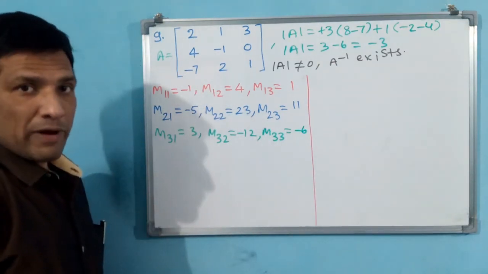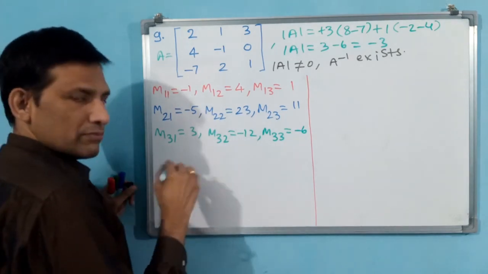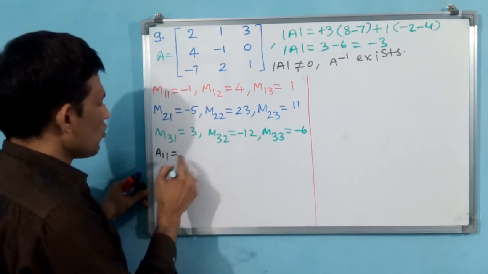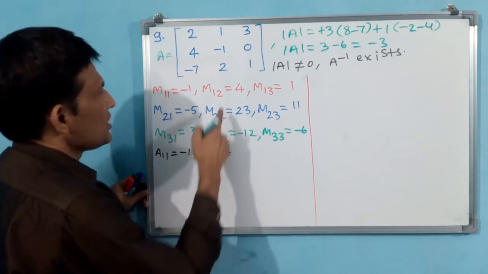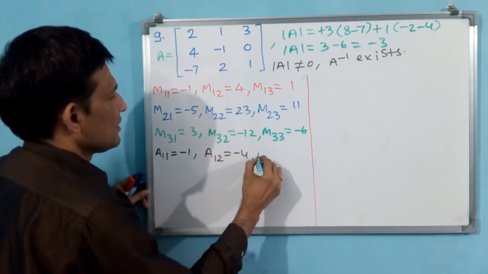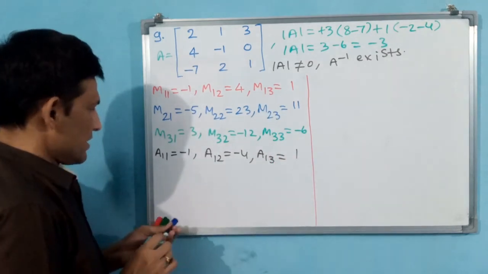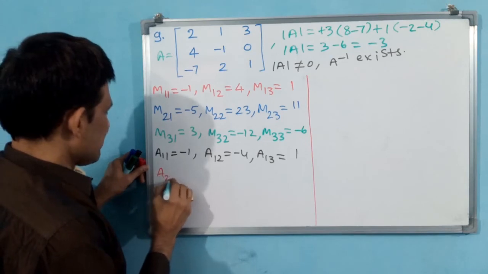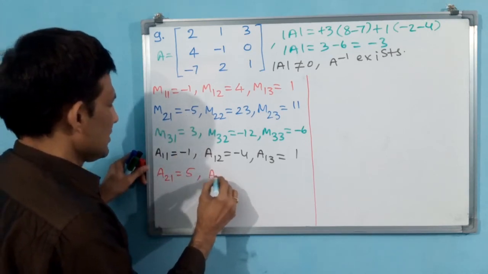Then you find cofactors. Goes on, you alternate, you change sign. First you don't change sign. A11, no sign change. Minus 1 only. A12, change sign. Minus 4. A13, same. 1. Then A21, change sign. Minus 5 plus 5 will become.